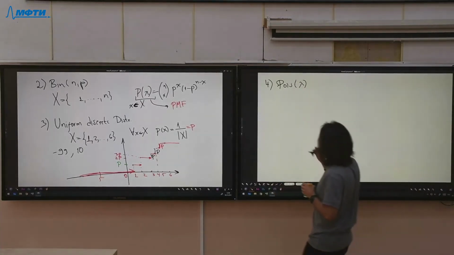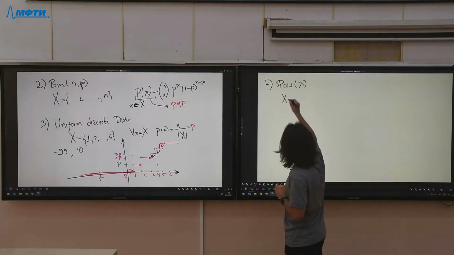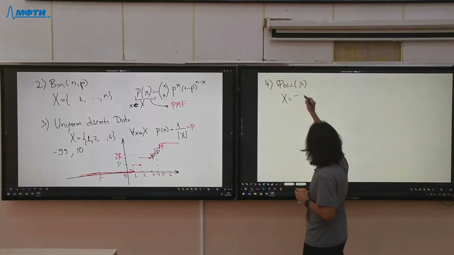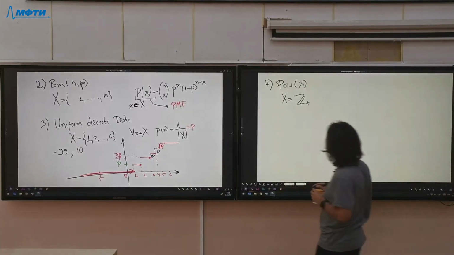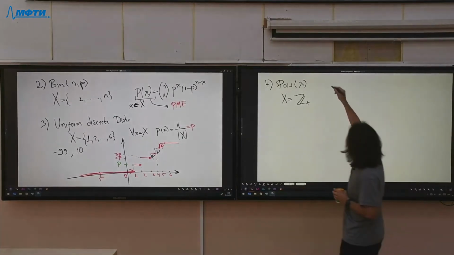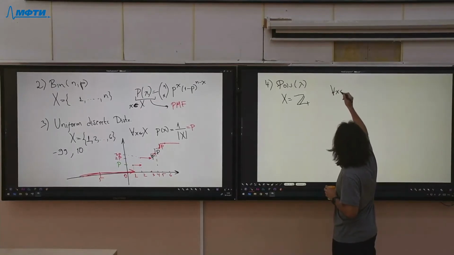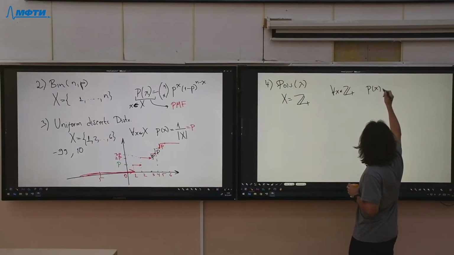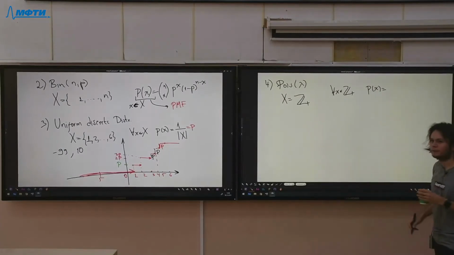And in this case, we know that all the possible values for this random variable are just all the positive integers. And for any integer, we know that the probability of X is what?